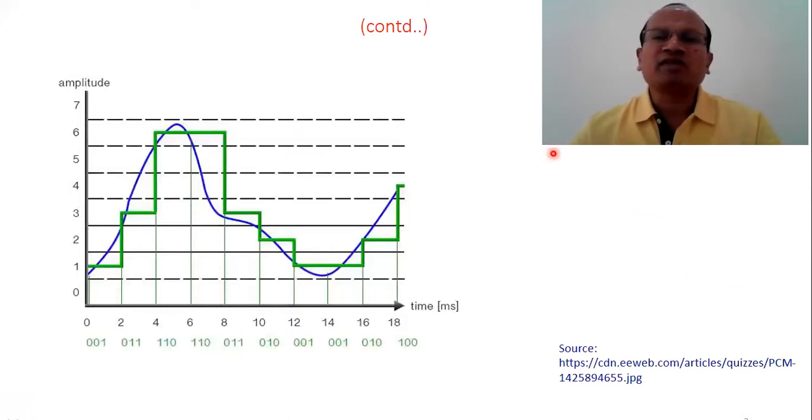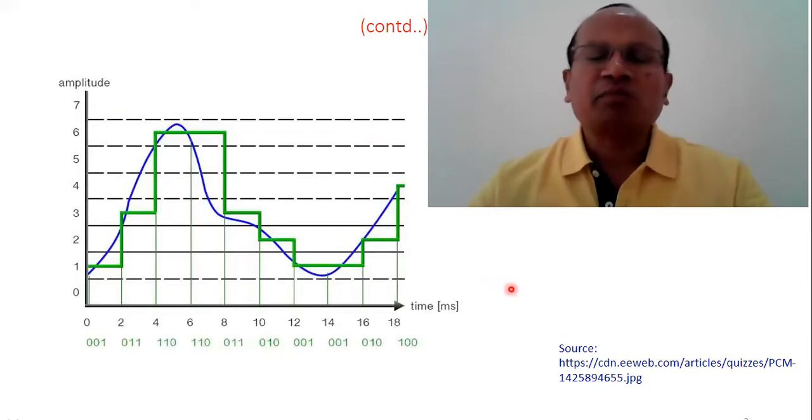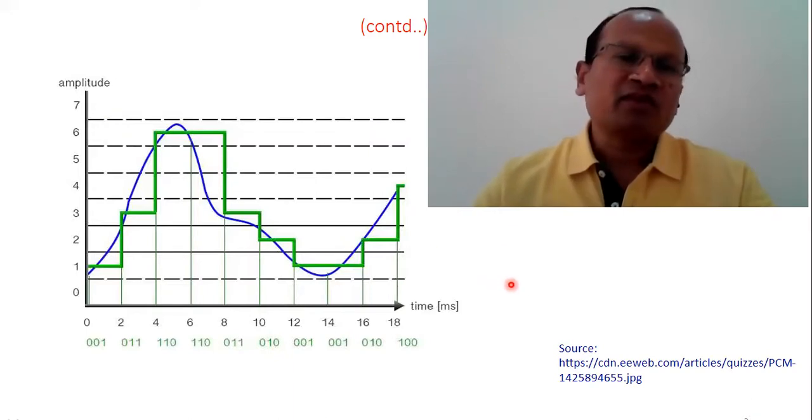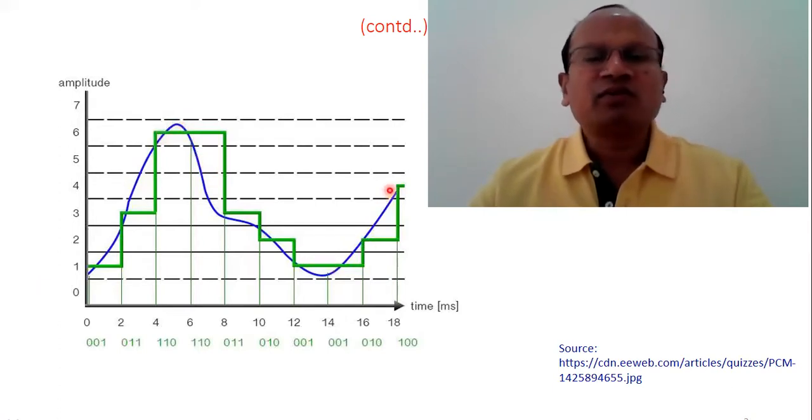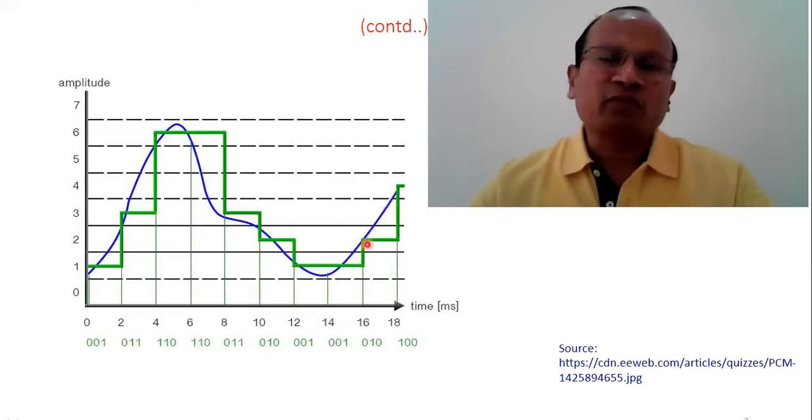This is one more example where you can see exactly how PCM works. You can find here this blue colored signal. This blue colored signal is the actual signal which we want to encode, for which we want to obtain the PCM signal.